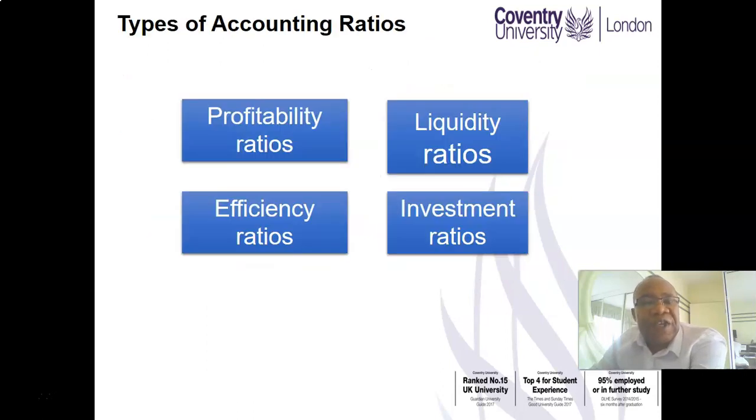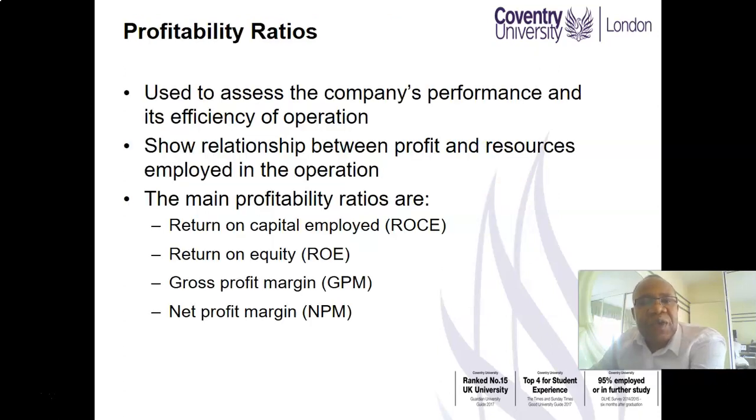Now that we have introduced the importance of ratio analysis, we're going to look at the four main categories of ratios. The first main one is profitability ratios, then liquidity ratios, efficiency ratios, and investment ratios. Let us first consider profitability ratios, where the word profitability focuses on the profits which the company makes.